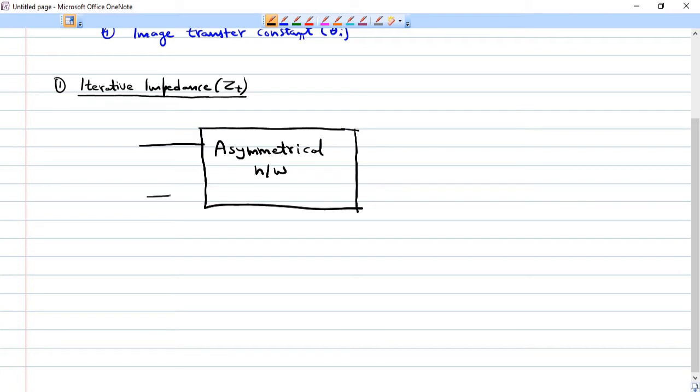So we have the input terminals 1 1 dash, and we have the output terminals 2 2 dash. Now we can attach an impedance to the 2 2 dash terminal, which is the iterative impedance with respect to this terminal.